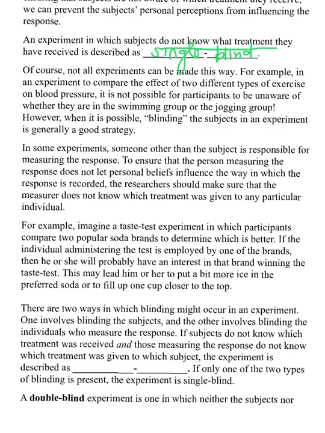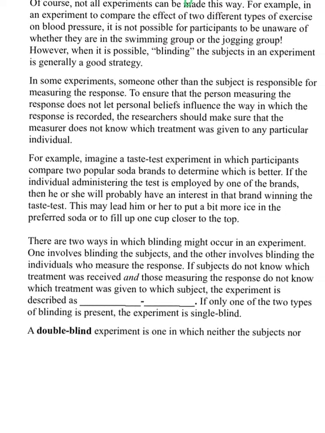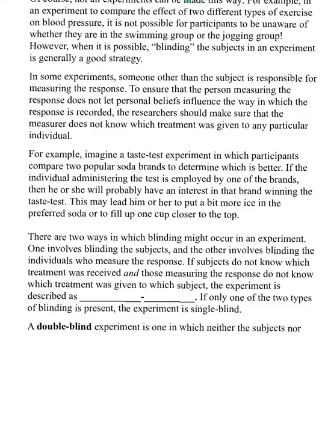All right, so there's a single blind, and that means that there should also be a double blind. A double blind experiment is when both the individual and the person measuring the response don't know what treatment was given to the subject.